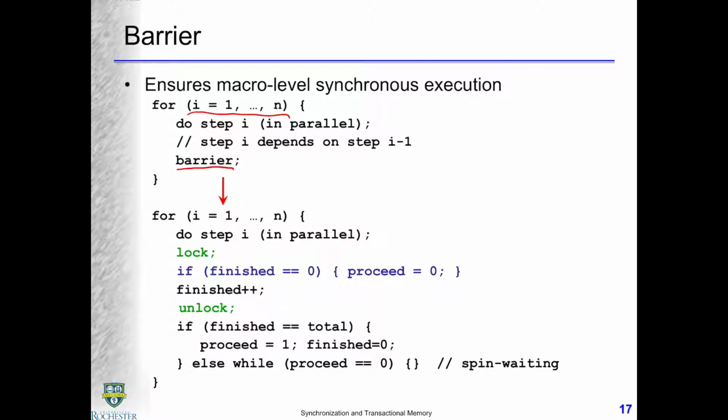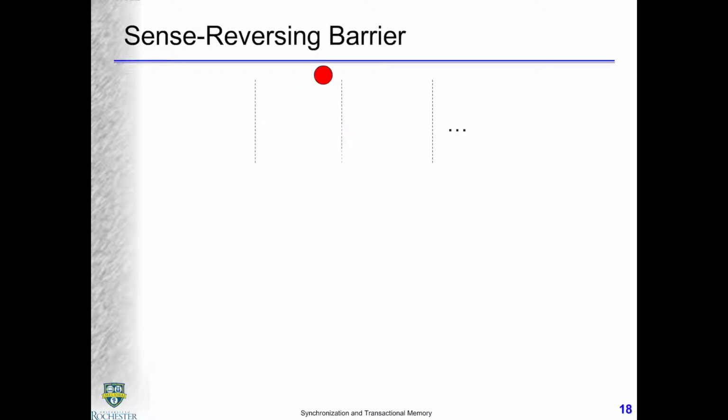But really what's happening is, we have a lock after doing step I, you check to see if it's finished, increment this count by 1, and have this flag called proceed. If you're not the same as the total, proceed is going to be the variable that you spin on until someone releases you, the last thread to arrive, right? That's the code. What's the problem?